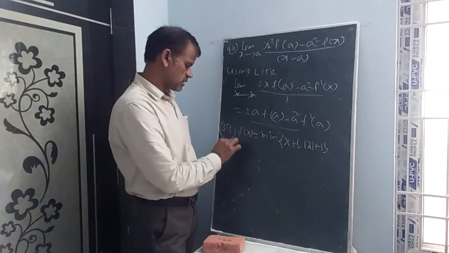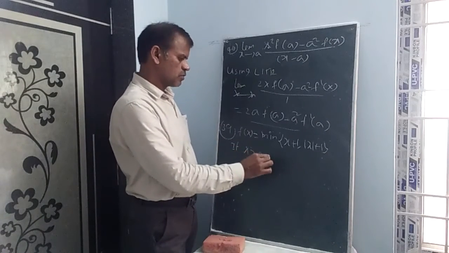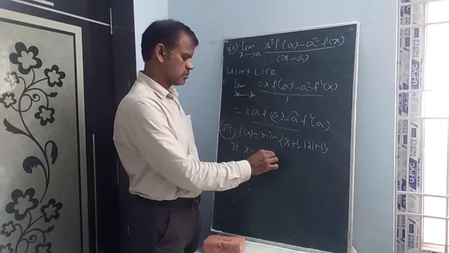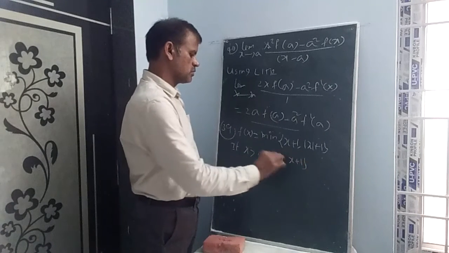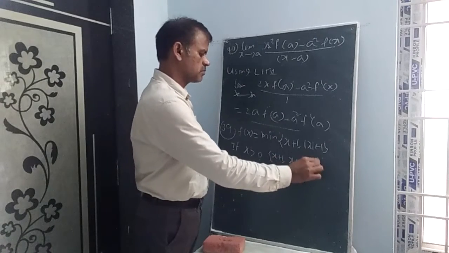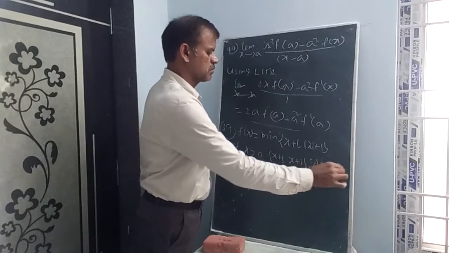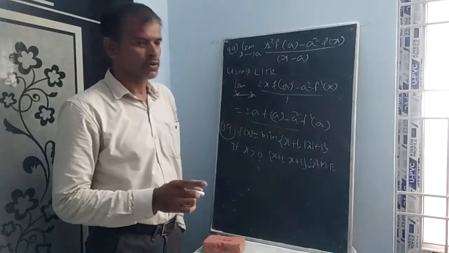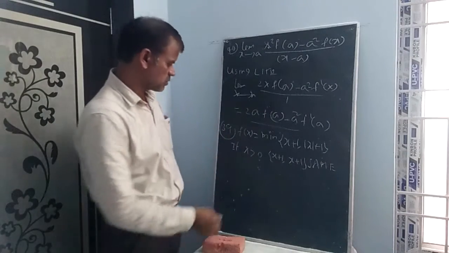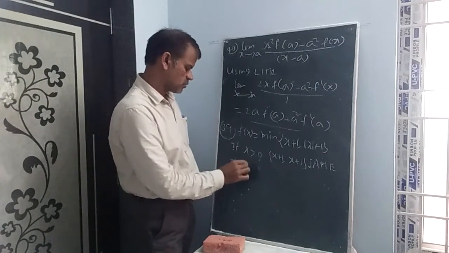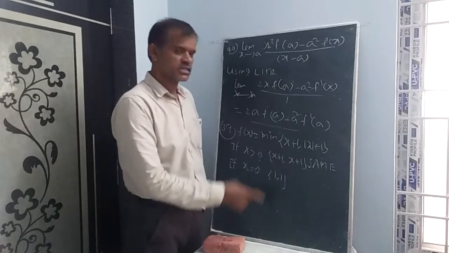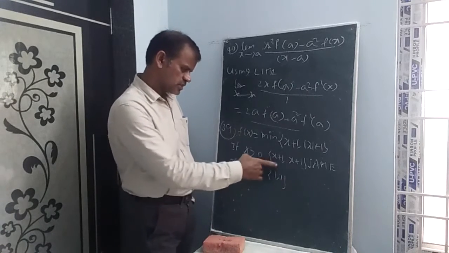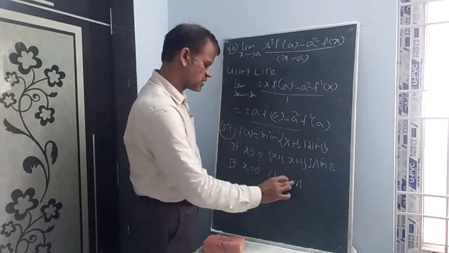So if x greater than 0, we can consider this as x plus 1 comma x plus 1. So both are same. If x is equal to 0, 1 comma 1, both are same. We cannot say a minimum; this and this are the same. 1 comma 1 is same.